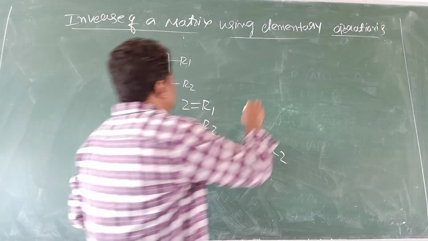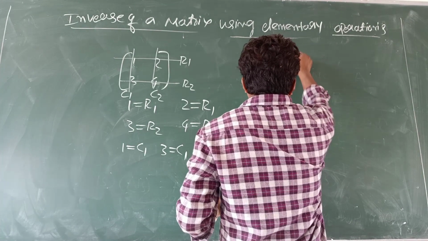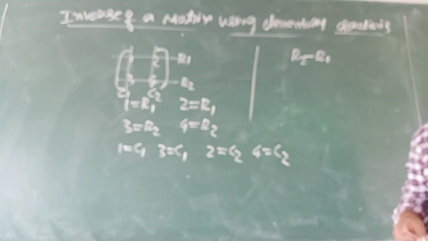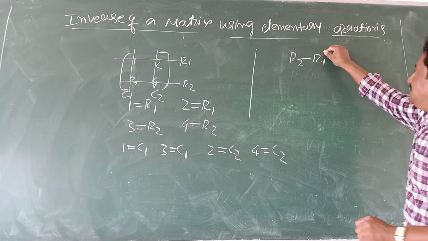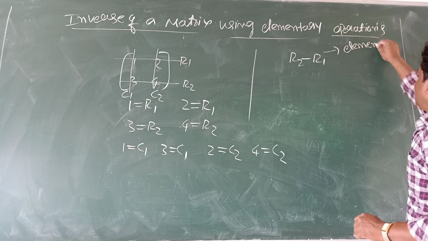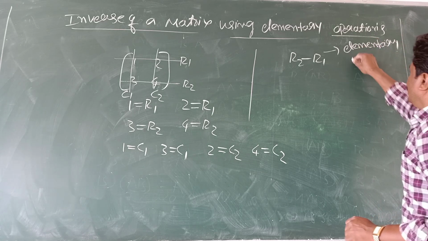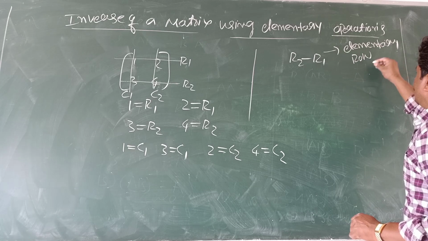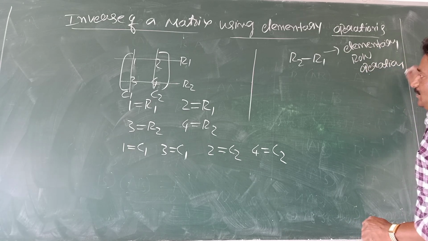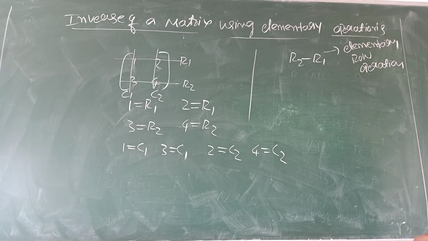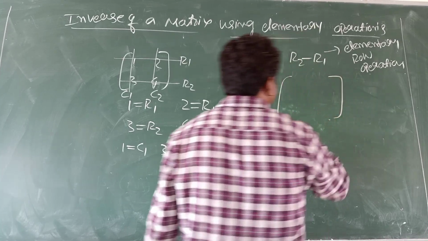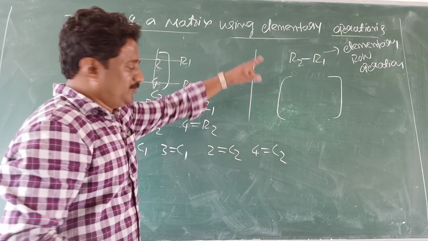Now, if I go for R2 minus R1, this is called an elementary operation on rows, an elementary row operation. How to find R2 minus R1?